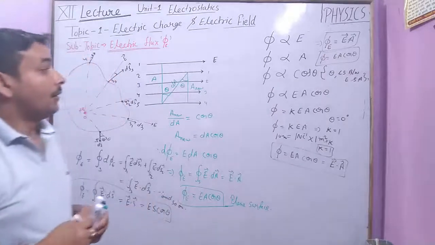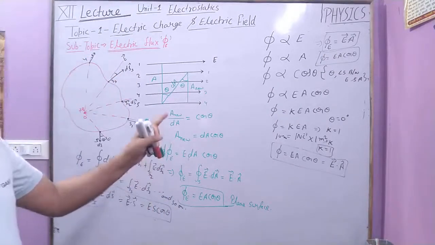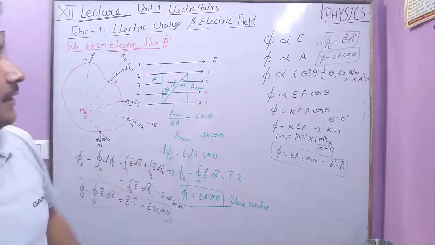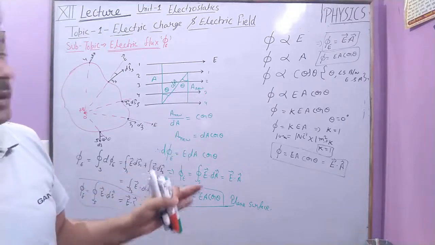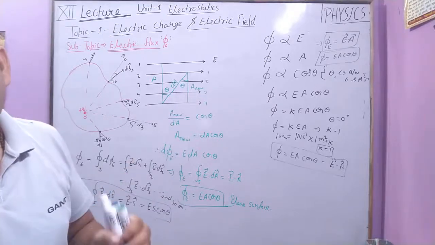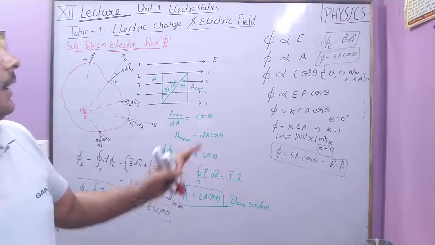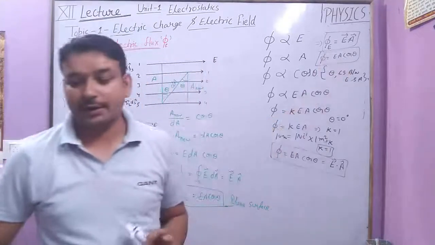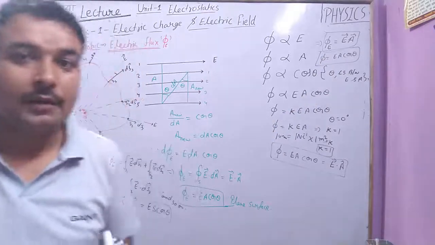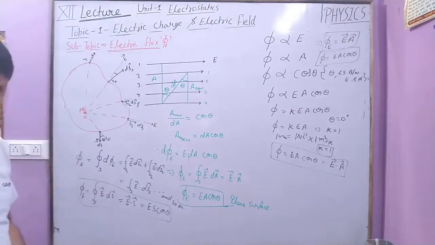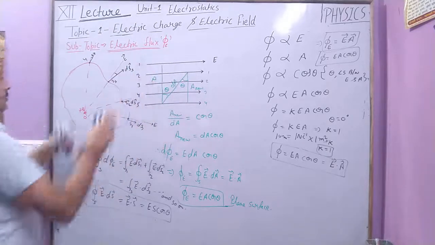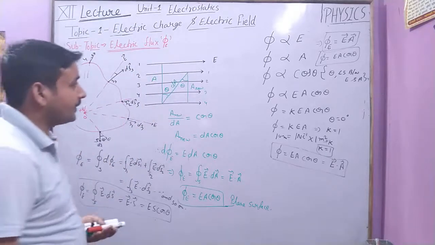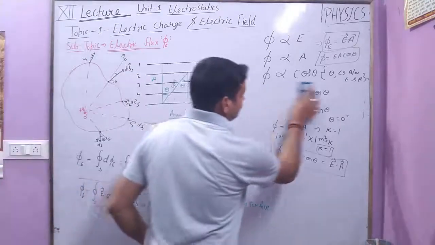Okay, from here you can very easily clarify that the electric flux is a scalar quantity, but it is the property of a vector quantity. Clear? Now from these two figures, write the definition.